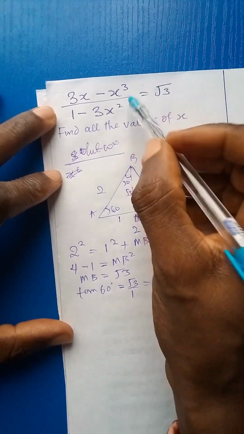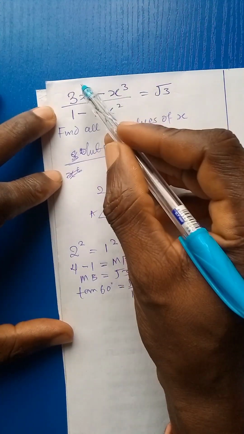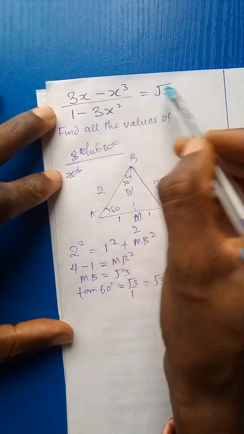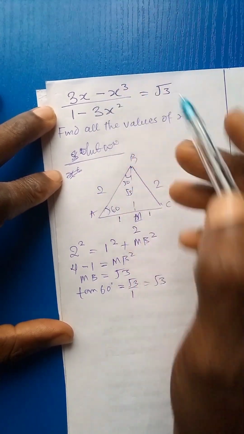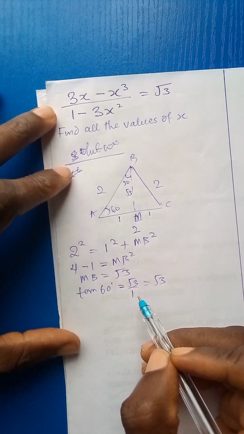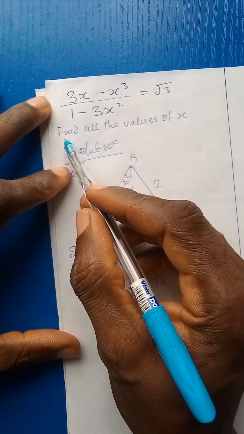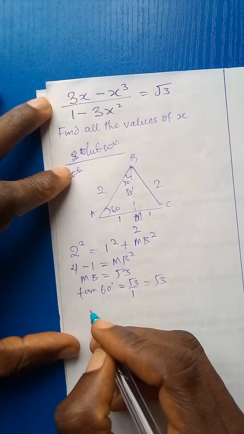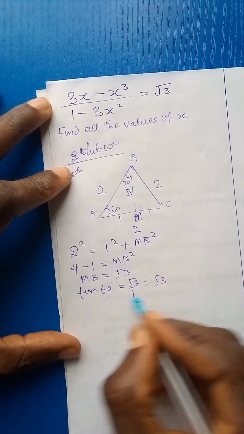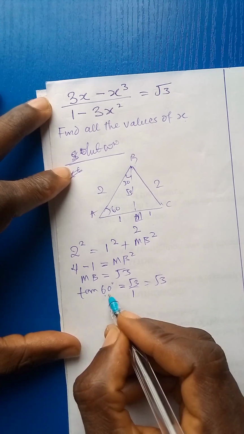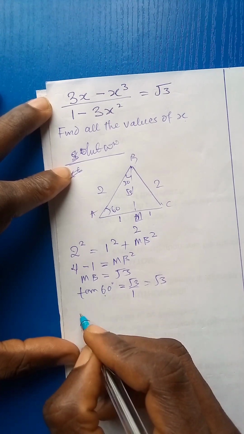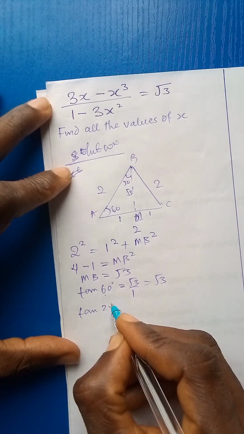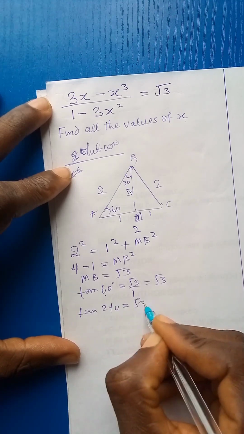So that means I can convert this part to a trig function, and then the equation becomes a trigonometric equation. But how are we going to proceed? First, let's remember we are asked to find all the values of x. That simply means that tan 60 degrees is root 3. Also, if I add 180 to 60, that is tan 240, I will have root 3.